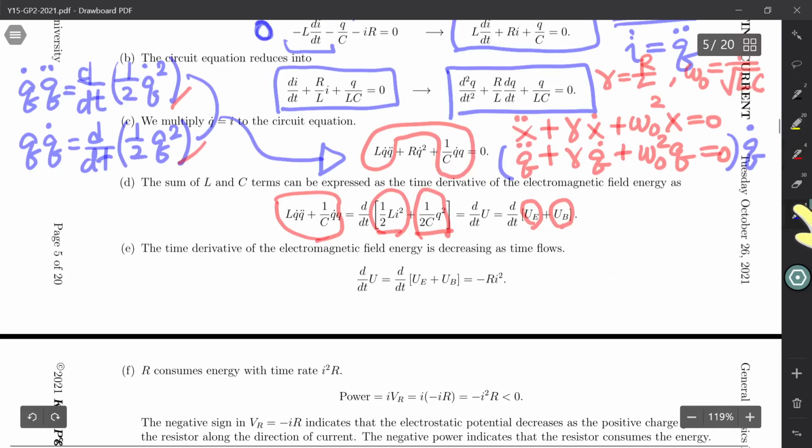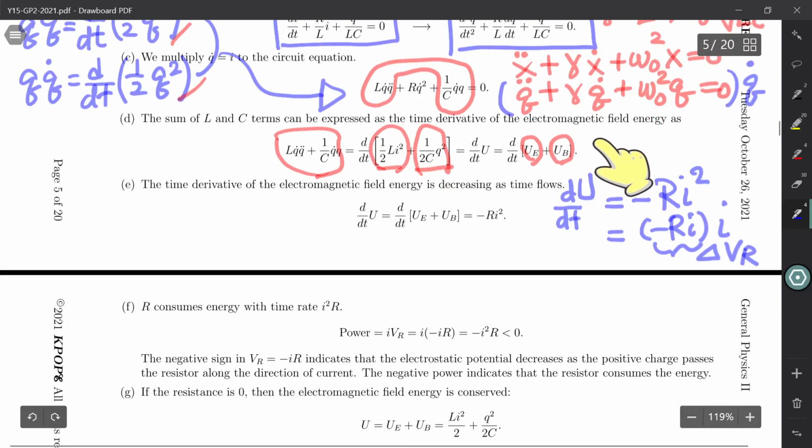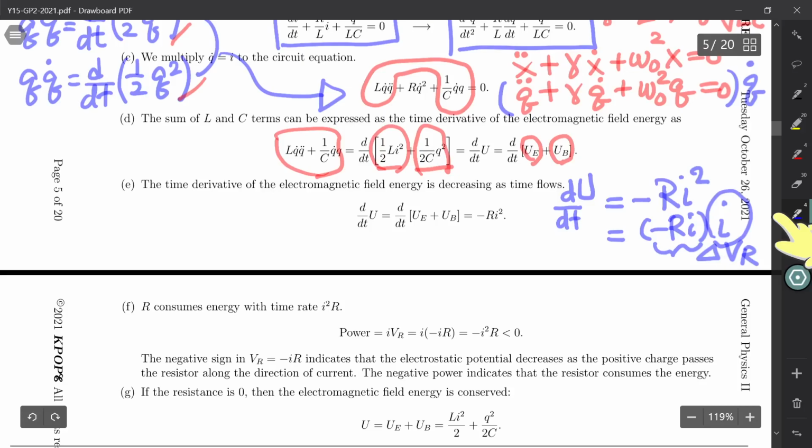Therefore, this equation is simplified as, of course, minus R Q dot squared, I squared R. This is minus RI times I. This is a potential loss due to the current passing through the resistor and the charge supplied to the resistor per unit time.